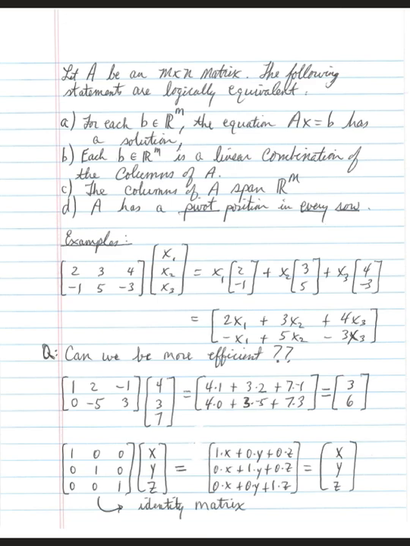Like 1 times 5, still 5. 1 times -10, that's still -10. Same thing here: an identity matrix times any vector of an appropriate size will be the same. And this is just kind of the in-between steps to show that. Identity matrix times a vector will be that vector.